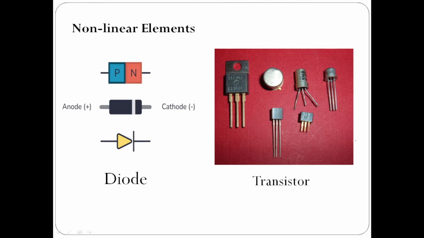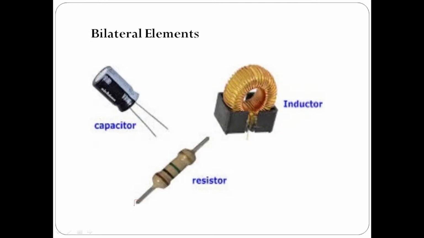Bilateral elements are the ones which allow current to flow in either direction. To understand clearly, I will draw some arrow marks here. This is a resistor. You can see there is a terminal here and a terminal here.